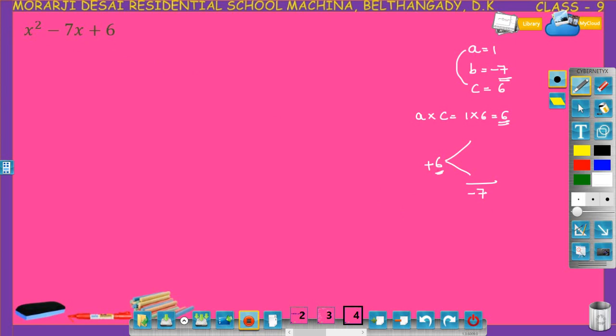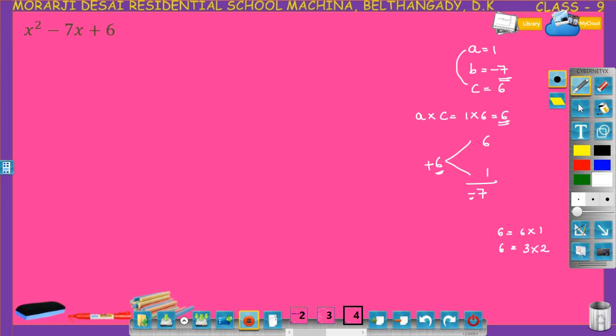Now look at the factors of 6. 6 can be written as 6 into 1. 6 can be written as 3 into 2. Okay. Now see here, 6 into 1 is 6 and sum of 6 and 1 is 7. So I can write 6 here, 1 here. But I should get the sum minus 7.